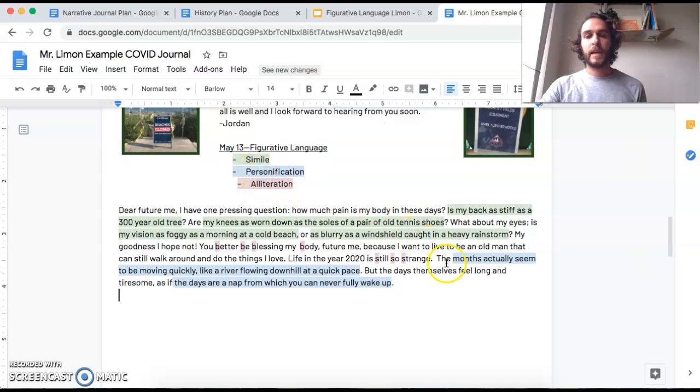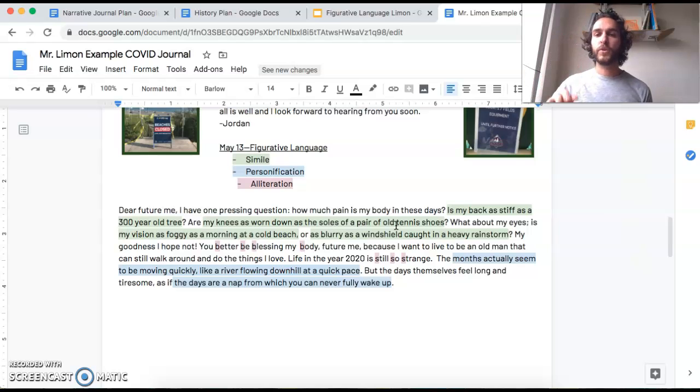Personification, I did at the very end, you'll see blue. And alliteration, I really like this one too. I just highlighted the sounds and the letters. So I went simile at the beginning of my paragraph, alliteration in the middle, and personification at the end of my paragraph. You only have to do 1.